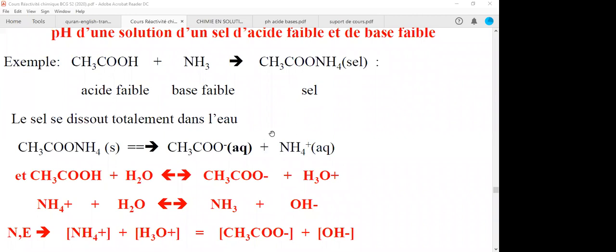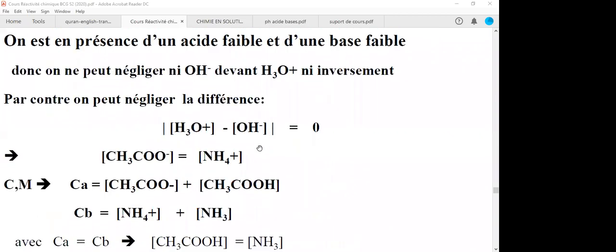We've been told that it is 0. So the concentration of NH4 plus is equal to the concentration of CH3COO minus. That's what we have here.